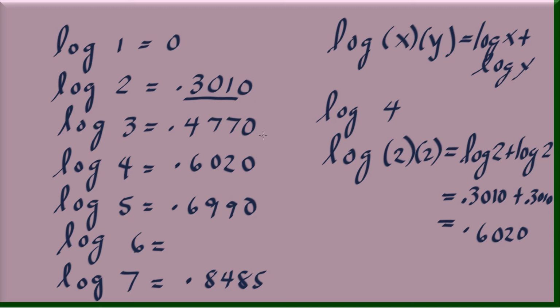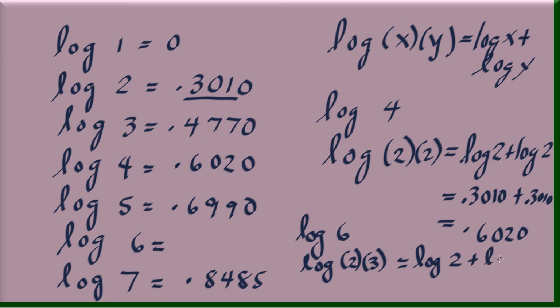How about, how do we get log of 6? Log of 6 is going to be log of 2 times 3, which is log 2 plus log 3. Log 2 is 0.3010 and log 3 is 0.4770.